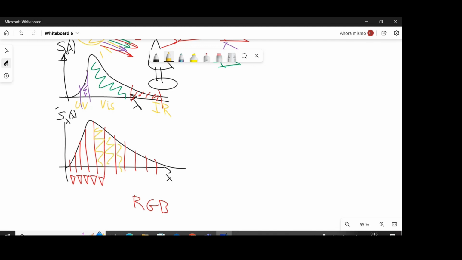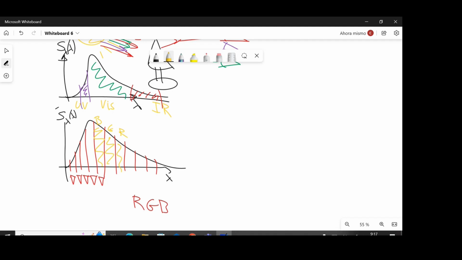By the way, what is red? These 3 bands, which one of the 3 is red? The one on the right, because it has to be closer to the infrared. And which one is blue? The one on the left. So this has to be green. So RGB is just choosing 3 bands of this spectrum.